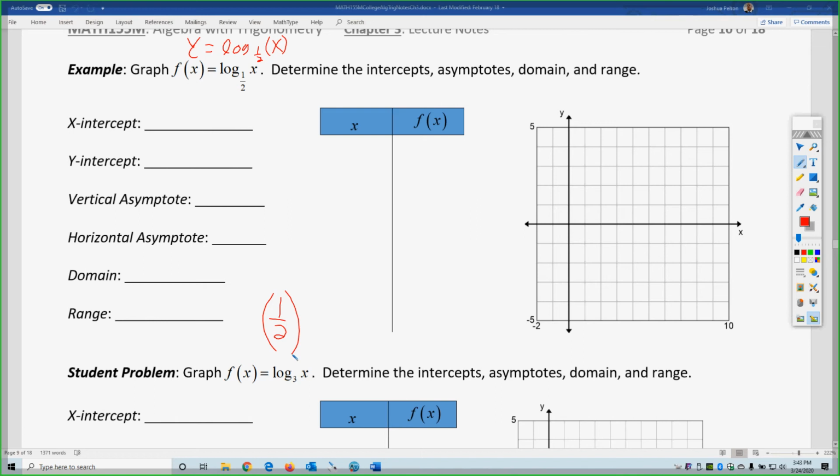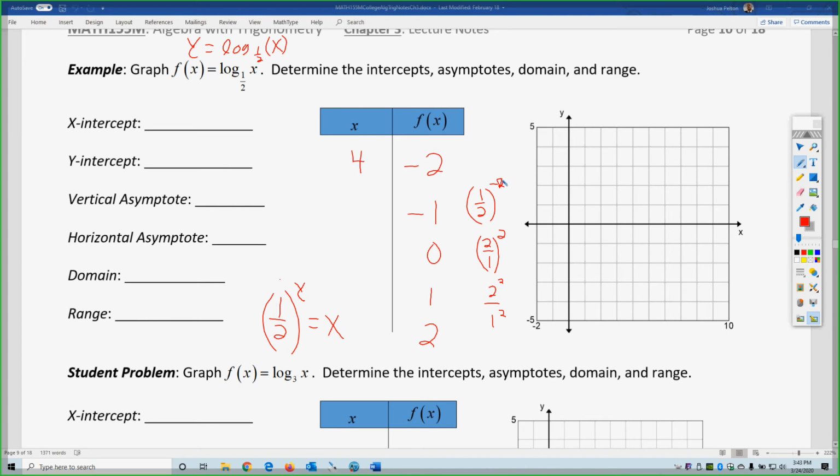to the y equals x, because it's easier to do it this way, because I can plug in y's and get much easier values. So 1/2 to the -2 is 2 over 1 to the 2, which is 2 squared and 1 squared, so 4.